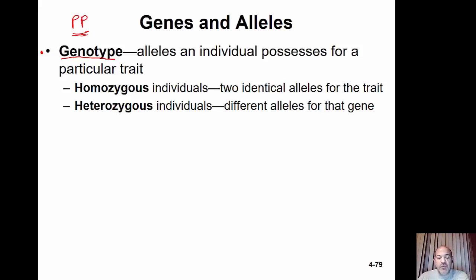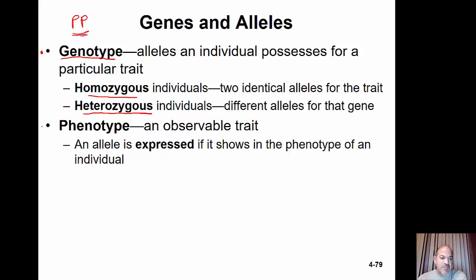So there's basically two categories of genotypes. You can be homozygous, where you get two identical copies of alleles, and it could be dominant or recessive. And then heterozygous individuals, where you inherit two different copies for a gene, two different alleles.